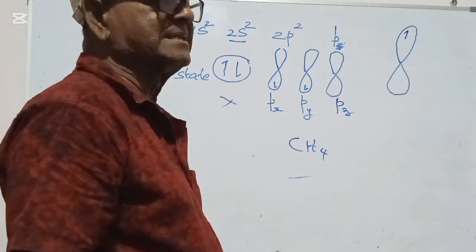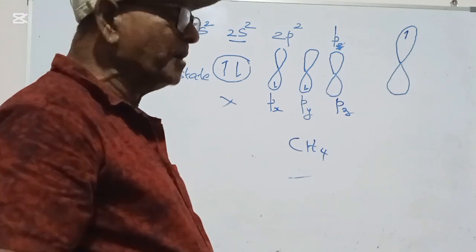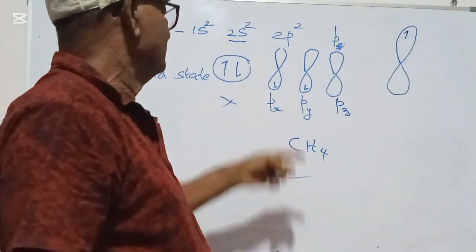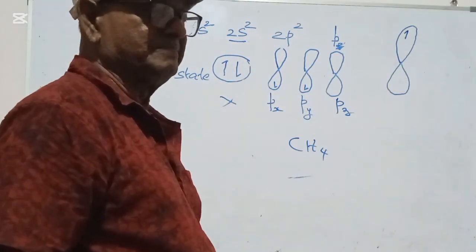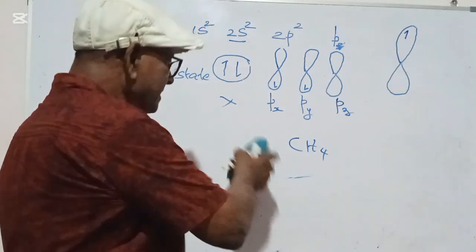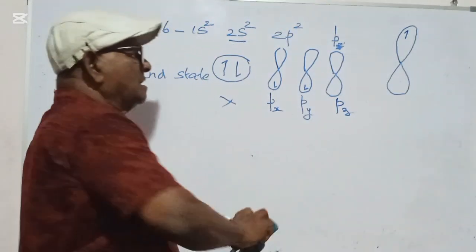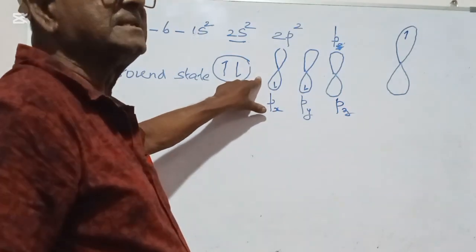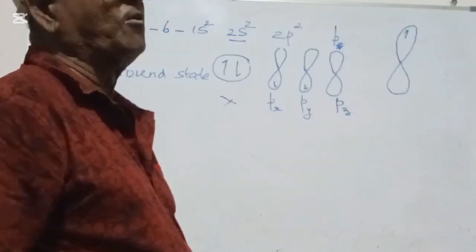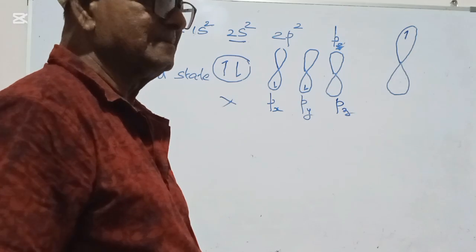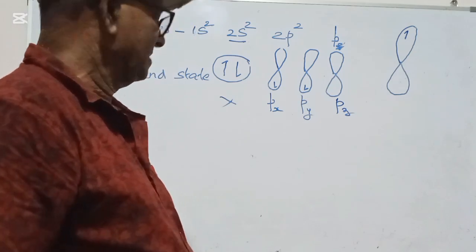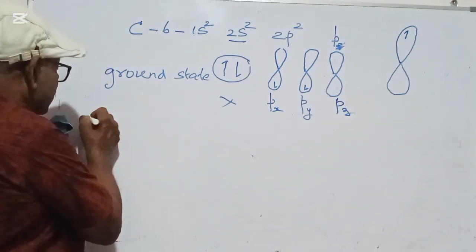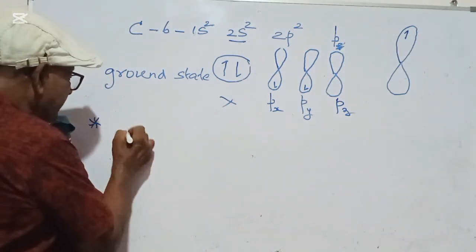The octet is not completed. Compounds do not form by this method by the carbon. Right? So I showed you that at the ground state, keeping this configuration, carbon is unable to form a compound. Okay. Then carbon becomes excited state.